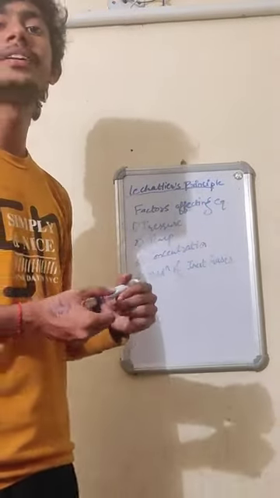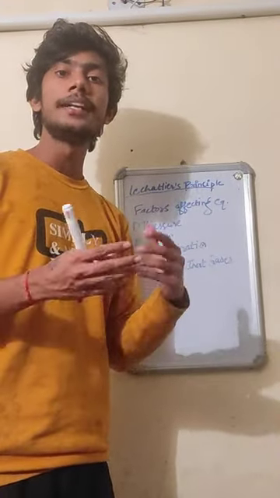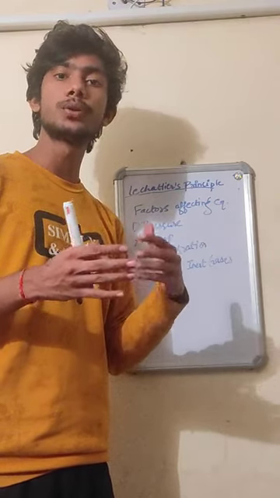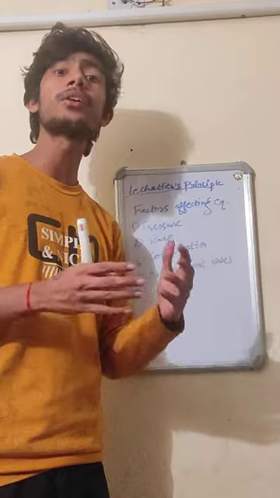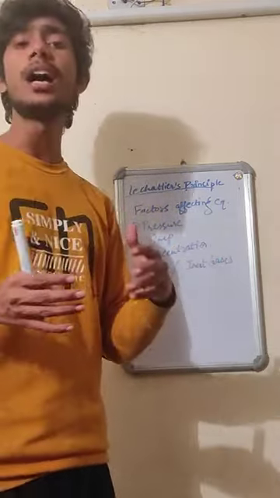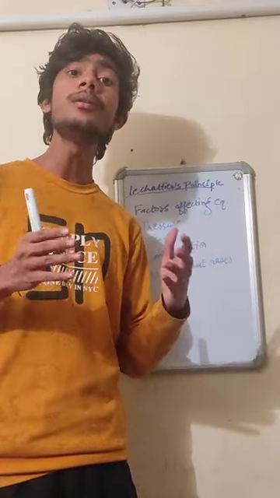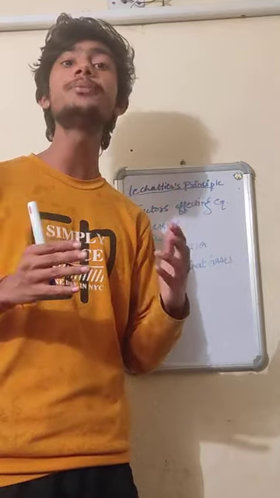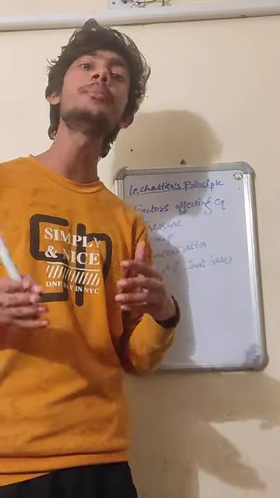Basically, when we try to change the conditions, the reaction will react, and the equilibrium will try to undo the changes. So how will it undo the changes? It will undo the changes by shifting in either the forward direction or the backward direction.